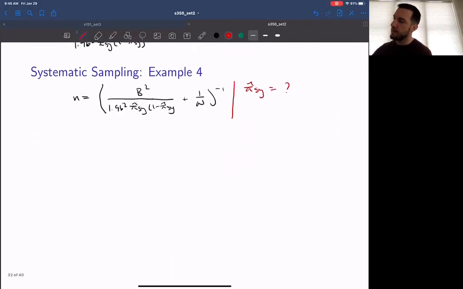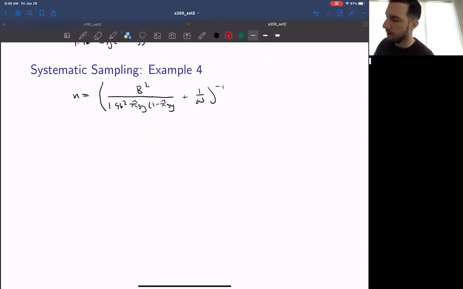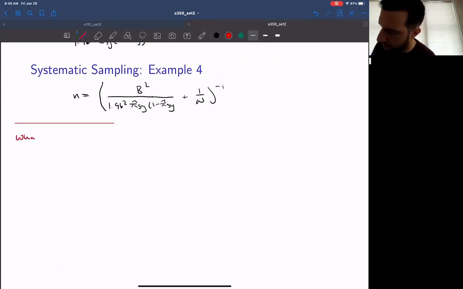So to illustrate this idea, I'm going to move this part down here. So I'll write this as, what is pi hat sy in this scenario?